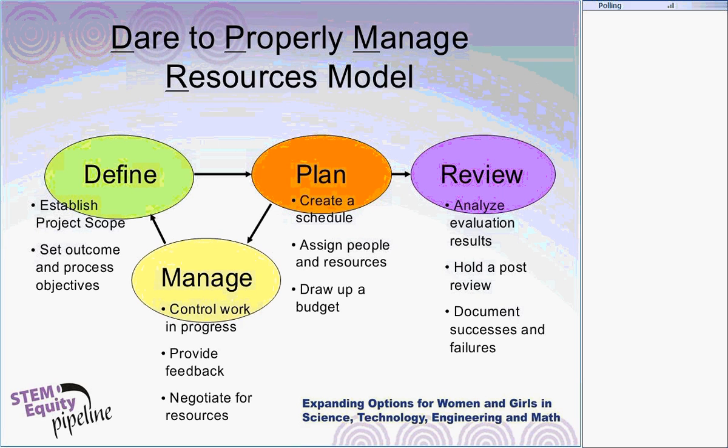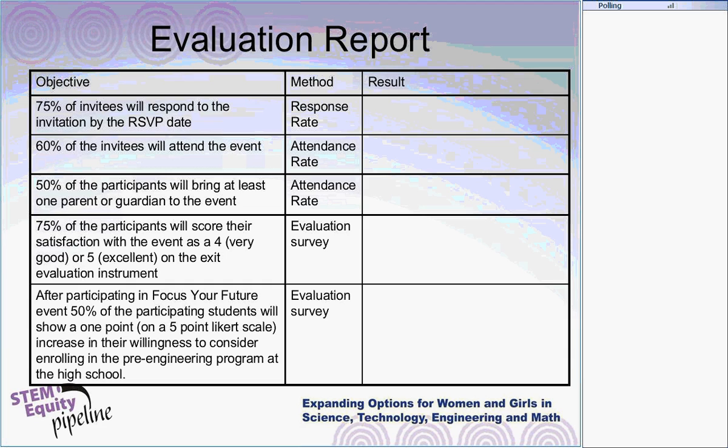So lastly, let's take a look quickly at reviewing, analyzing evaluation results, holding a post-review, and documenting successes and failures. Again, this review process is based on the evaluation report, or the evaluation objectives that you set at the very beginning of your implementation process.